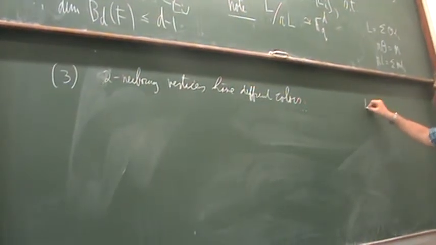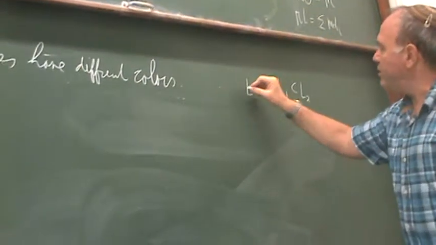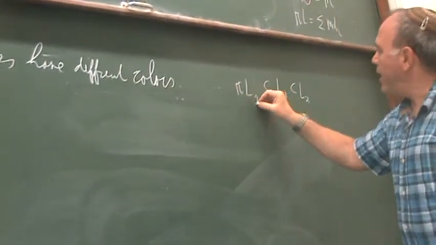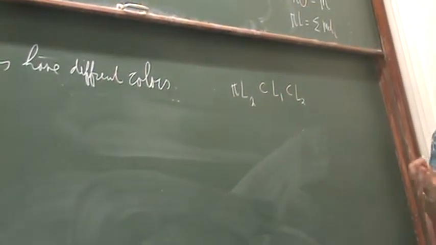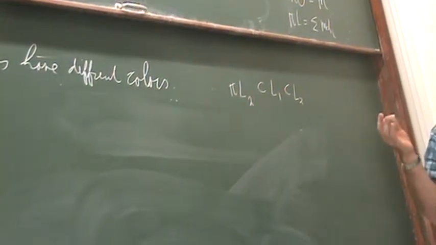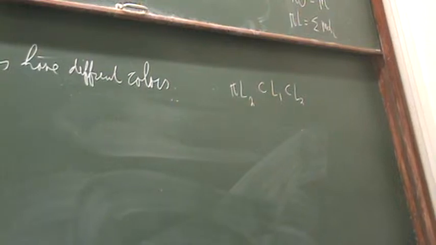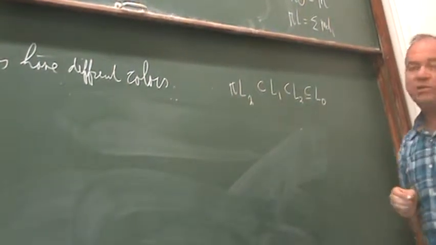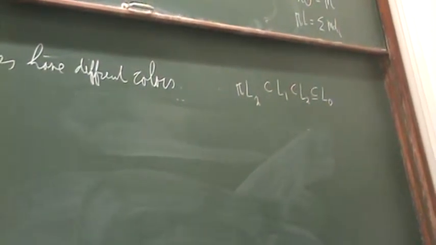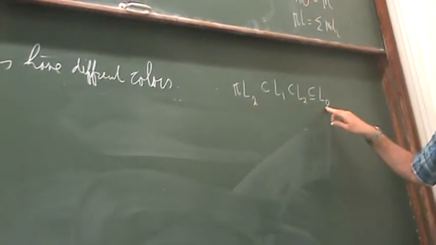Because you see, if L1 is inside L2 and this is inside pi L2, and now I multiply everything by something, I can really replace them both by the same power somehow in order to make it inside L0. I can always take representatives which are in L0, so I can assume that L2 is already here.